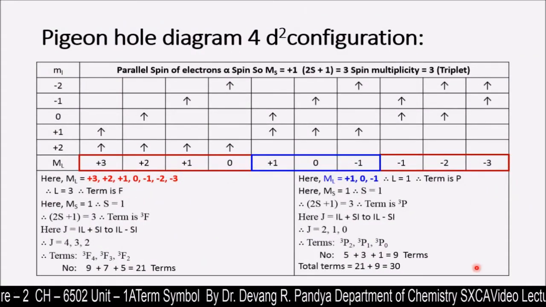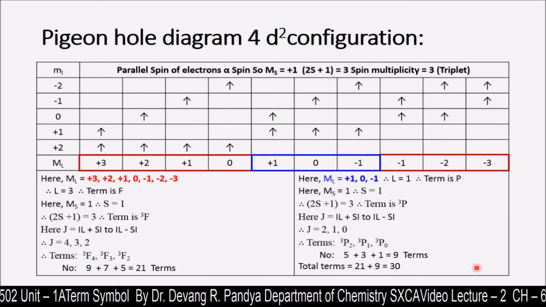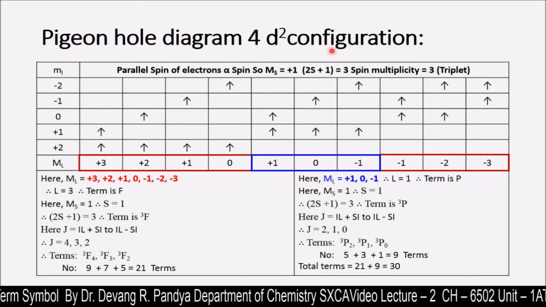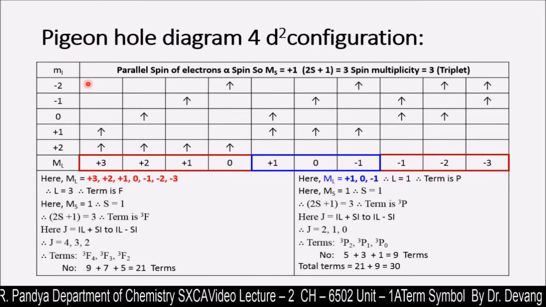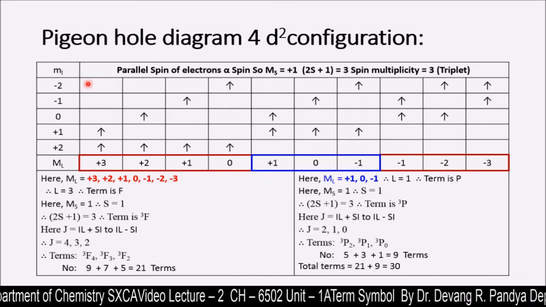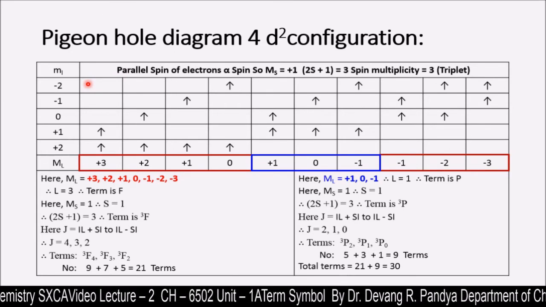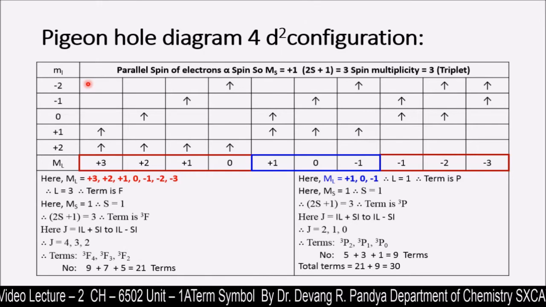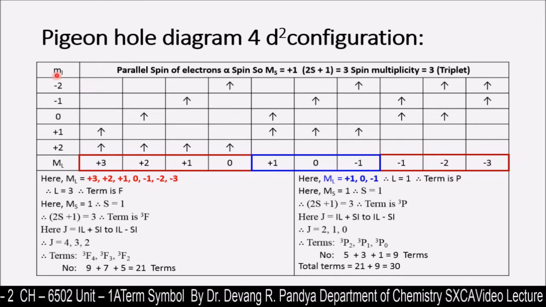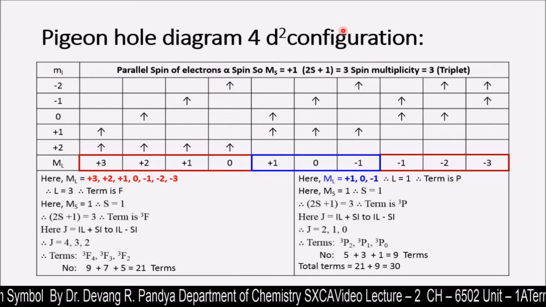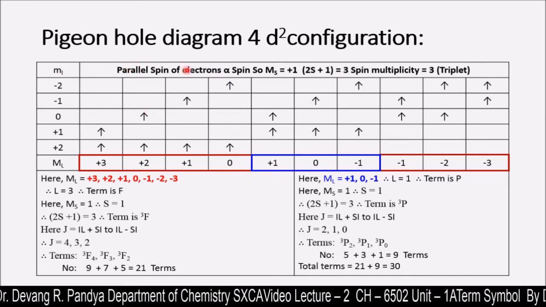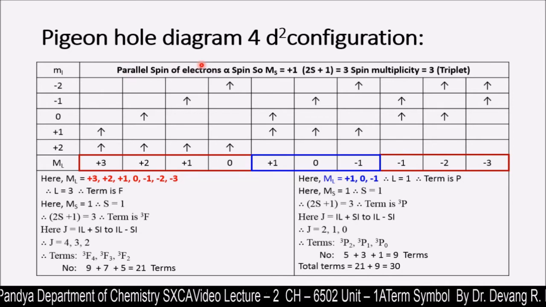Now here another case is the pigeonhole diagram for the D2 configuration. So here for the D2 configuration, that means in a transition element, titanium plus 2, we can get this D2 configuration, and for that we have two different arrangements. This is the first arrangement of that, and here the spin is parallel spin of electrons, that is alpha spin.